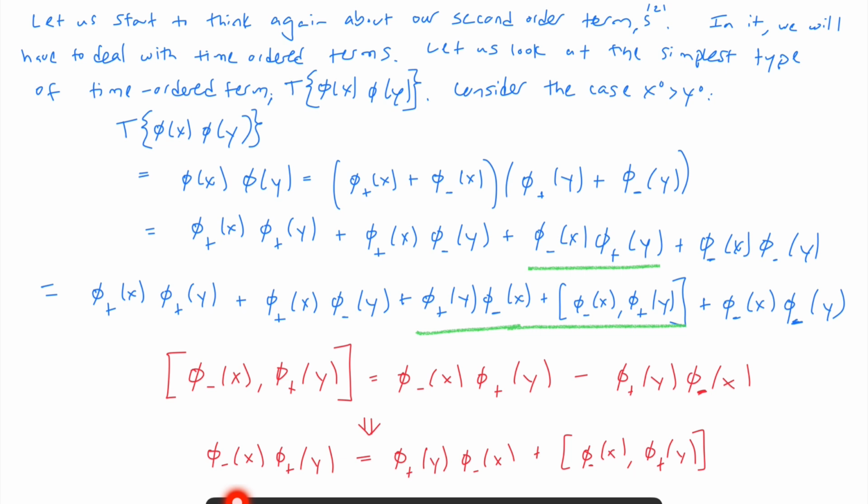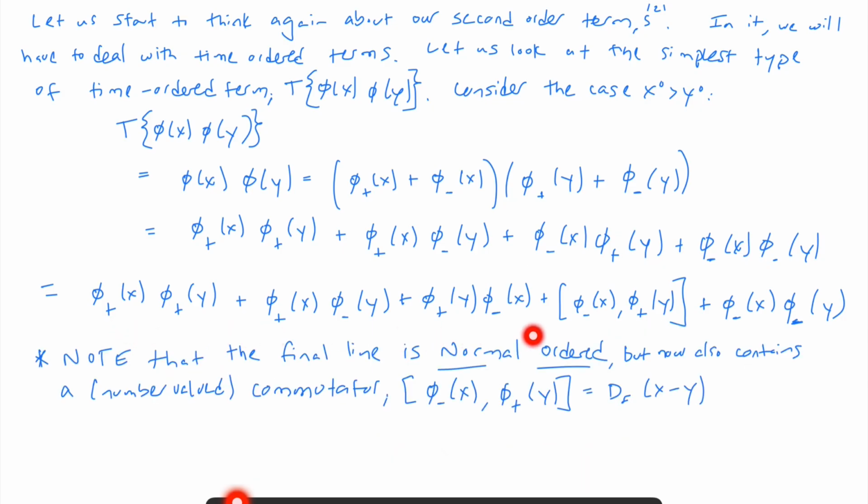I can't just do that in quantum mechanics or quantum field theory because these are operators, they don't always commute. So in order to account for that, I always add the commutator of the two over here. You can just follow along here, that the commutator by definition of these two is this minus this, which means that this term itself, phi minus over here, is equal to these two things switched plus the commutator. So that's why I can just replace this with its equivalent sum over here. That's how I got from this line to this line.